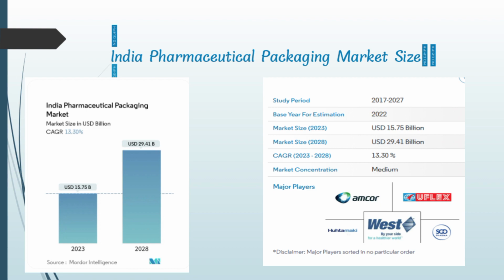Next, here I have given figures which are pulled from the internet, and it shows the Indian pharmaceutical packaging market size from the year 2023 up to 2028, in USD billions.